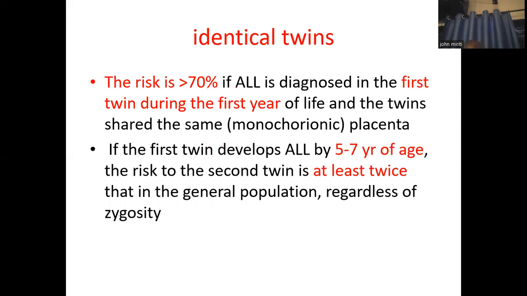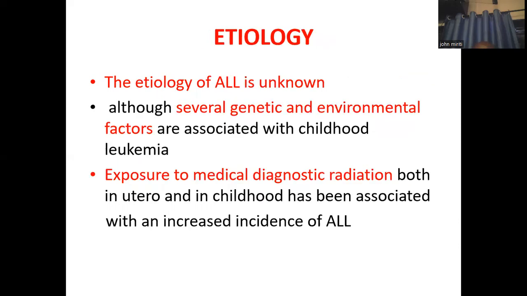That means if they share the same placenta, the chance of the other twin developing acute lymphoid leukemia is around 70%. If the first twin develops it by 5 to 7 years of age, the risk to the second is at least twice that of the general population, regardless of the zygosity of the twins.